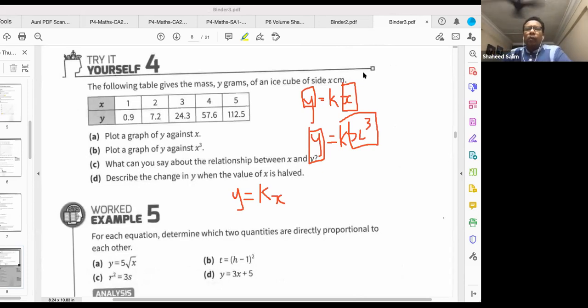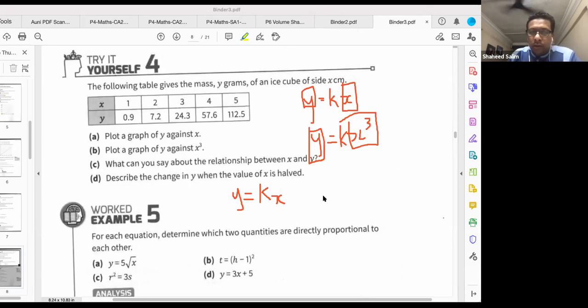Okay. So what they want you to do is, in this question, they are making the assumption that direct proportion exists in all of them. So they want you to tell them what is directly proportional to what. So they must have this sort of formula. So now I'm going to show you the formula, okay, down here.